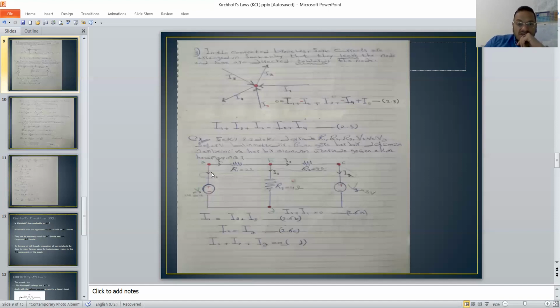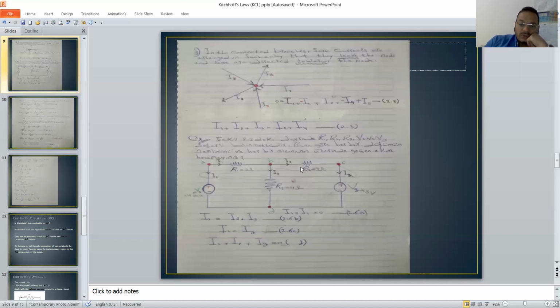Now let's start. I1 equals what? I1 equals I2 plus I3, okay? Here I1 acts as the input current, and I2 plus I3 act as the output current. After that, IS equals I2, equals IJ, equation 2.6.